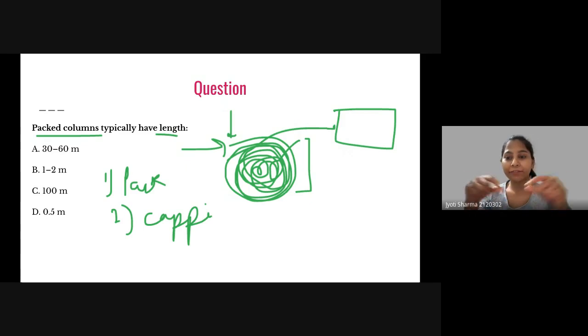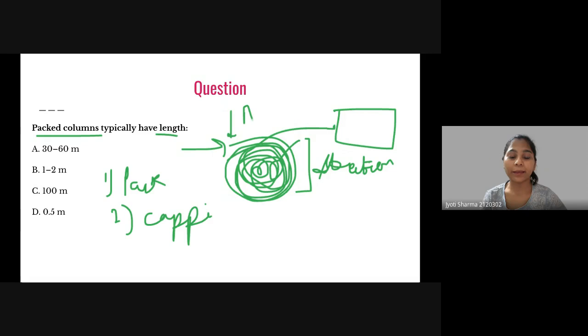We have a kind of tube, you can say. In that tube the carrier gas and the sample will go, and it will travel a lot of distance, and then it will go to the detector. This distance is actually mandatory, because in that column we also have the stationary phase, right?